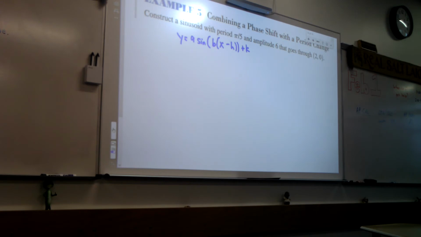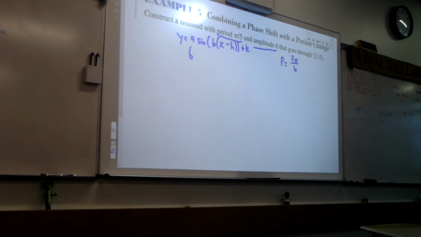Okay, what was given here, guys? What's something obvious that jumps out at you? Amplitude is 6. Okay, that's easy. We can figure that out. Okay, so there's 6. We've seen period equals pi fifths before, and our formula is just period is 2 pi over b.